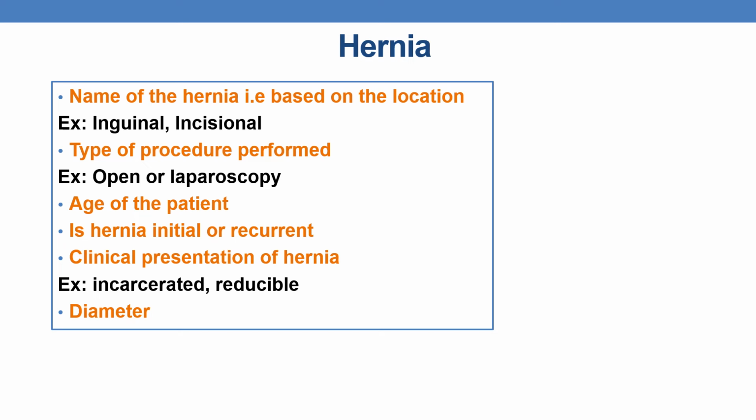Next, the age of the patient must be taken into consideration, whether the hernia is initial or recurrent, and also the clinical presentation of the hernia is important while coding. Clinical presentation is nothing but whether it is incarcerated or reducible. And finally, the diameter or the length must be taken into consideration. These are the points that must be taken into consideration whenever we code hernia.